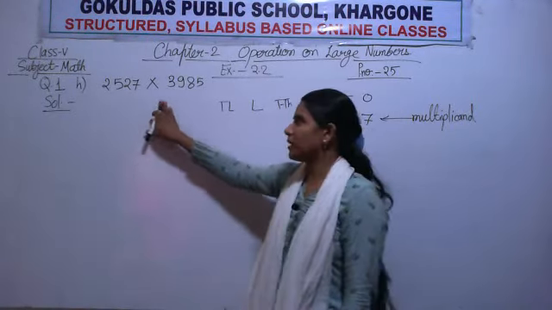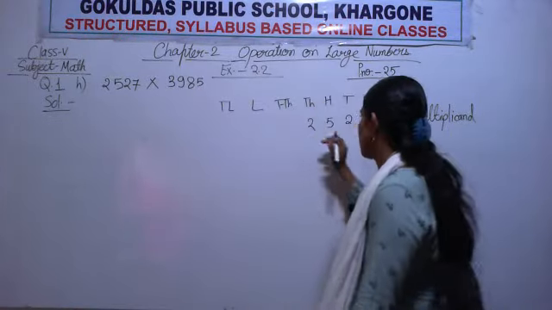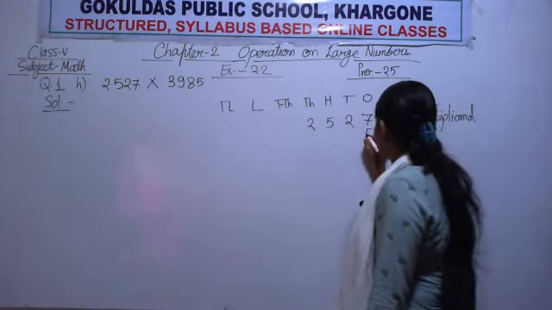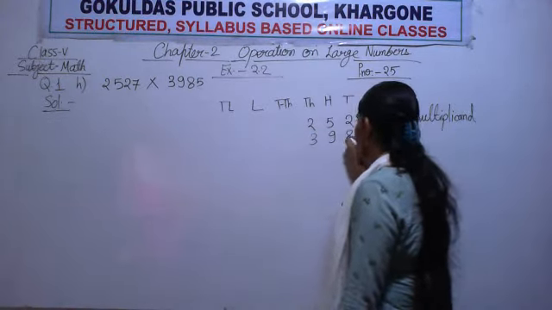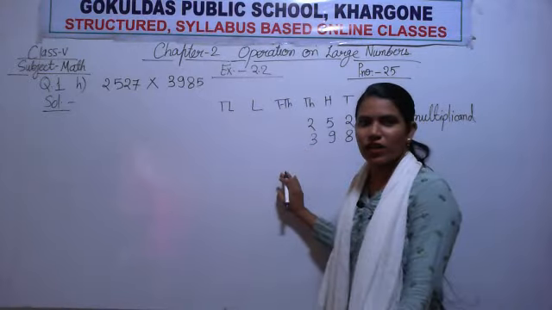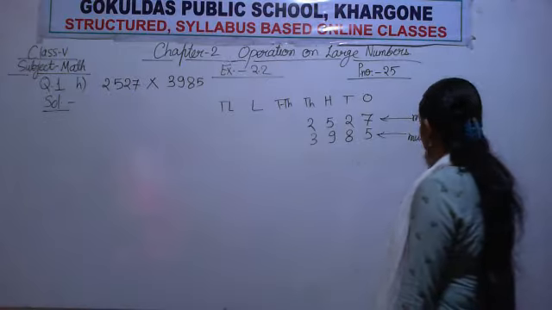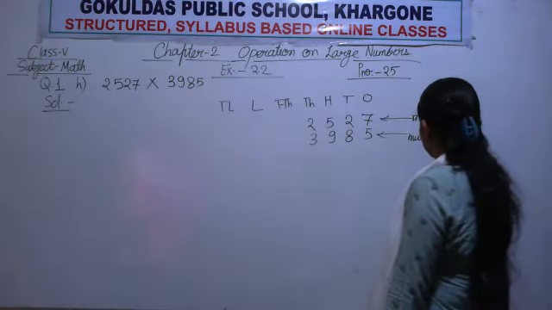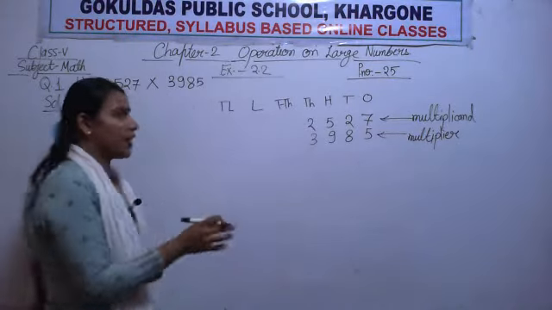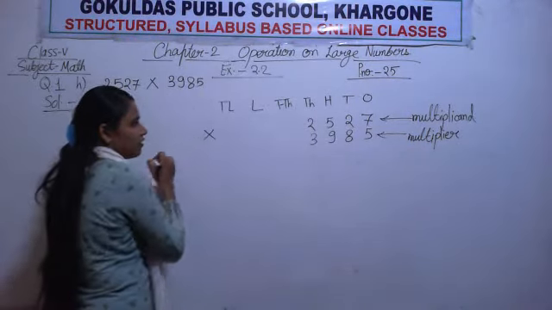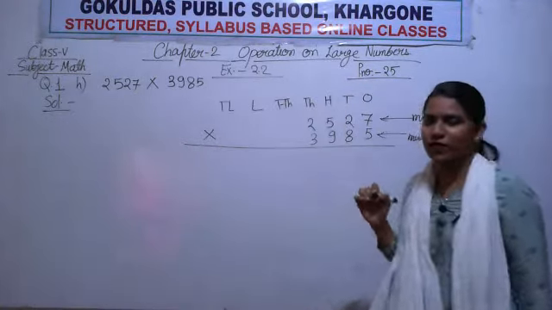So here the multiplier is 3985. We arrange both these numbers. Now before directly multiplying, put the symbol of multiplication, then start doing multiplication.